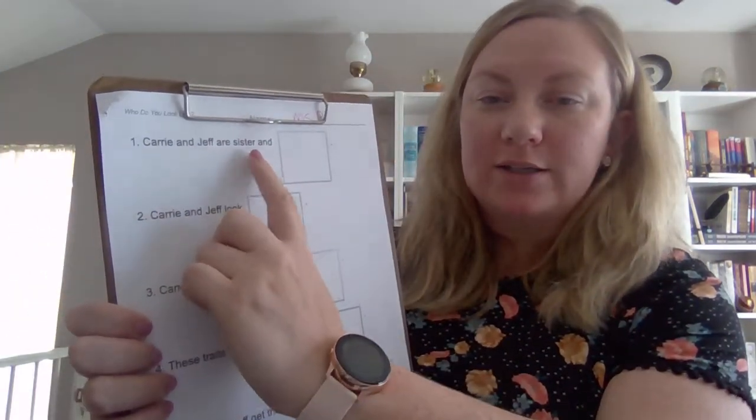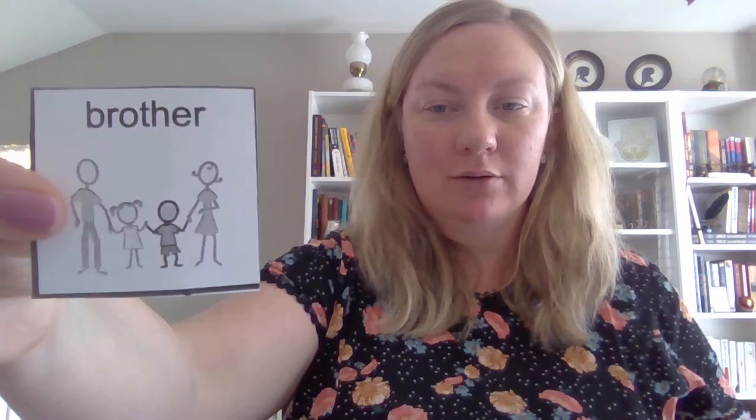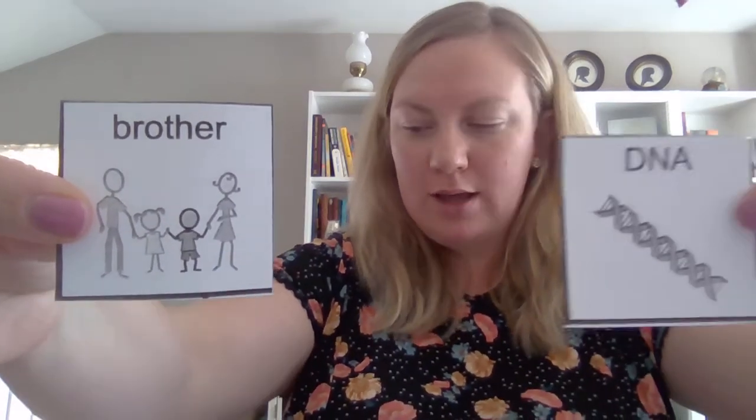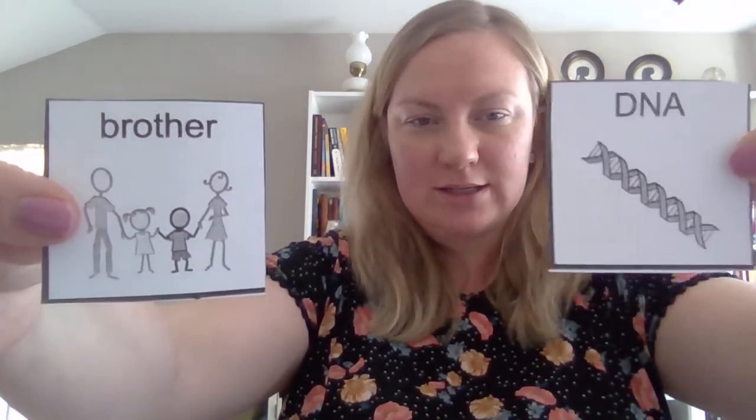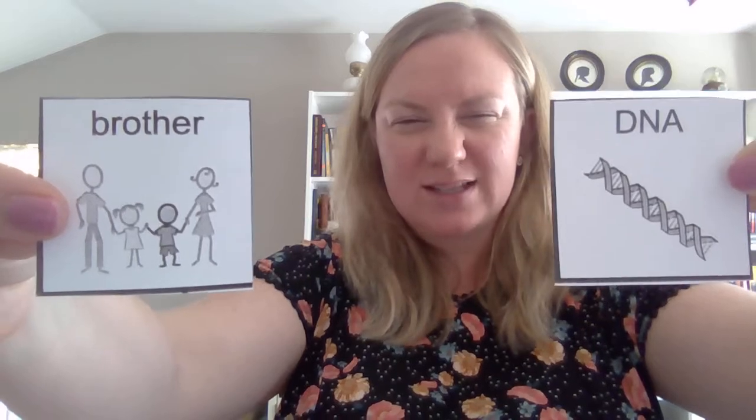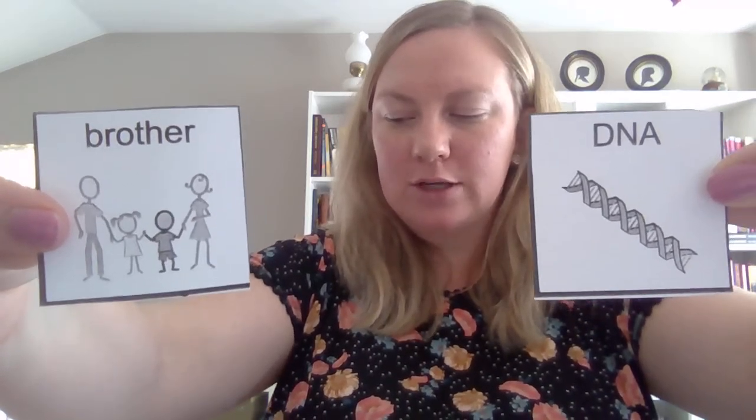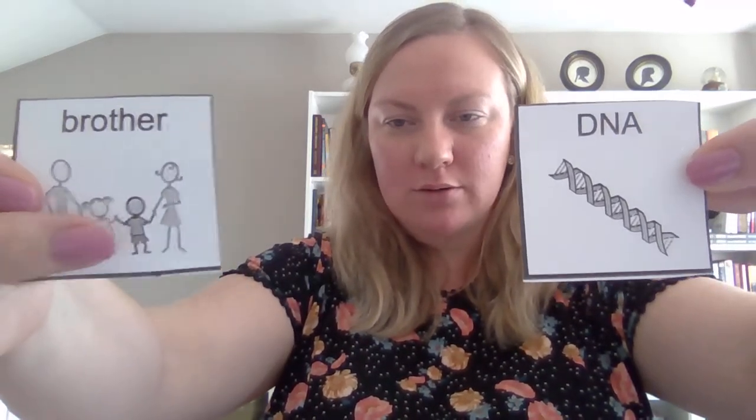Okay? So, question 1 says, Carrie and Jeff are sister and what? Are they sister and brother? Or Carrie and Jeff are sister and DNA? Which sentence sounds right to you? Carrie and Jeff are sister and brother?